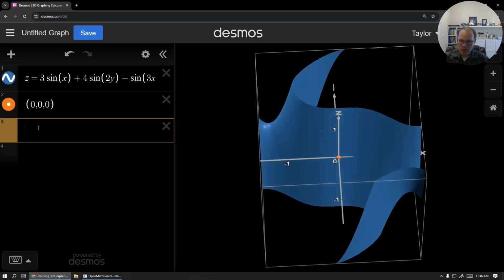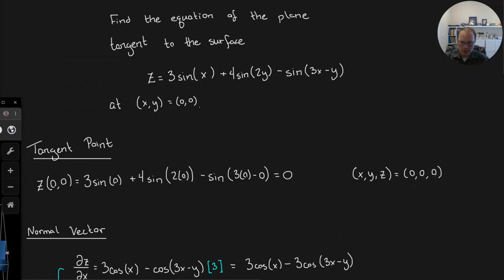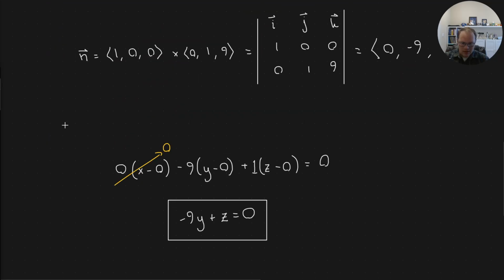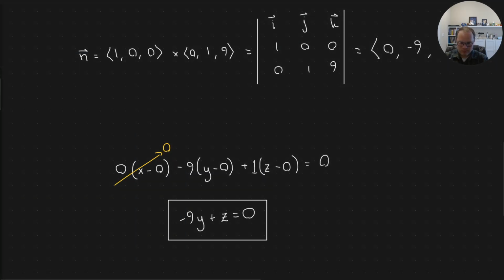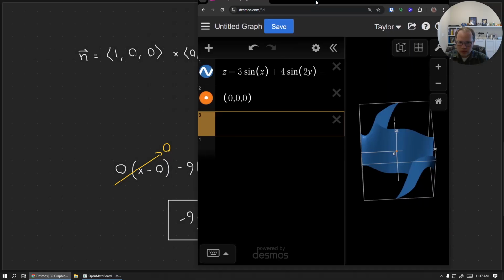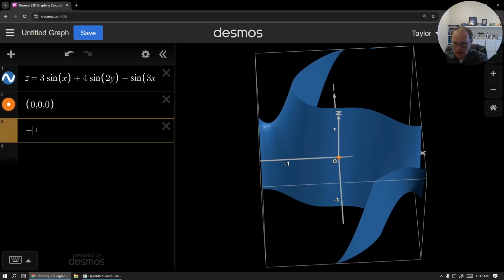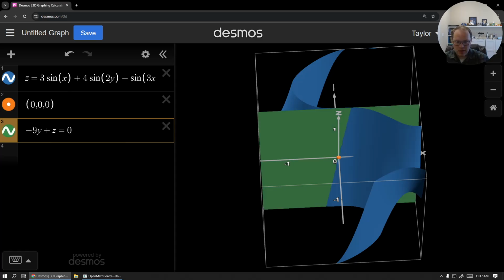And the tangent plane we found was the plane, what was it? Negative 9y plus z equals 0.